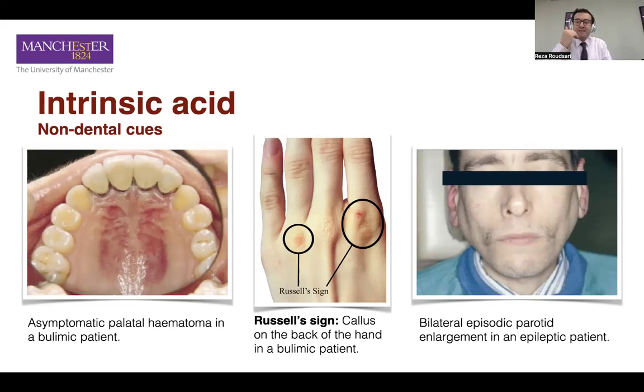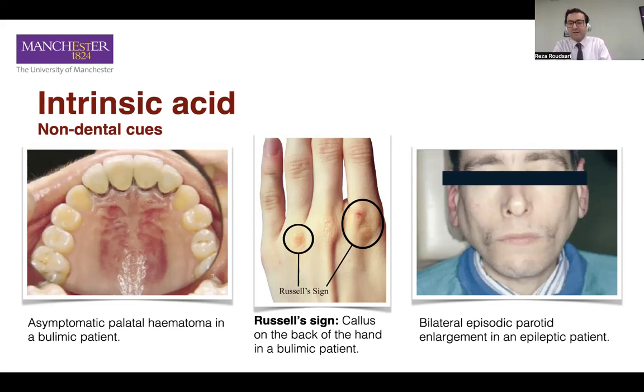After the palate and the teeth, the third part of the body the acid hits is the back of the hand. So although they are quite young and petite, they've got very rough, almost farmer's hands, just because of the constant erosion from stomach acid hitting the back of the hand. This is known as the Russell sign, which is the callus at the back of the hand.